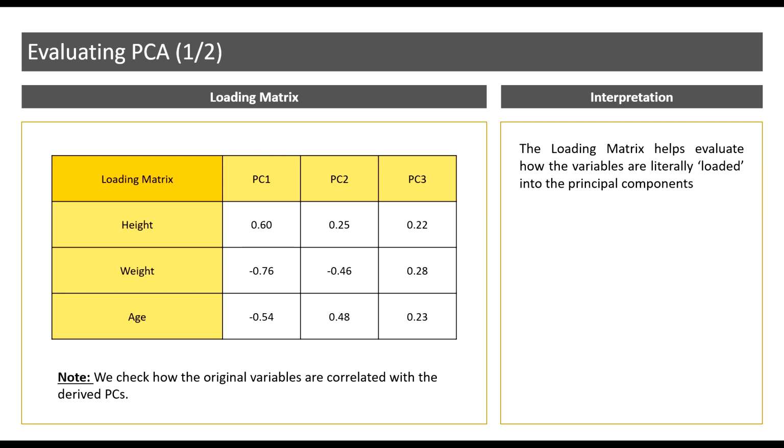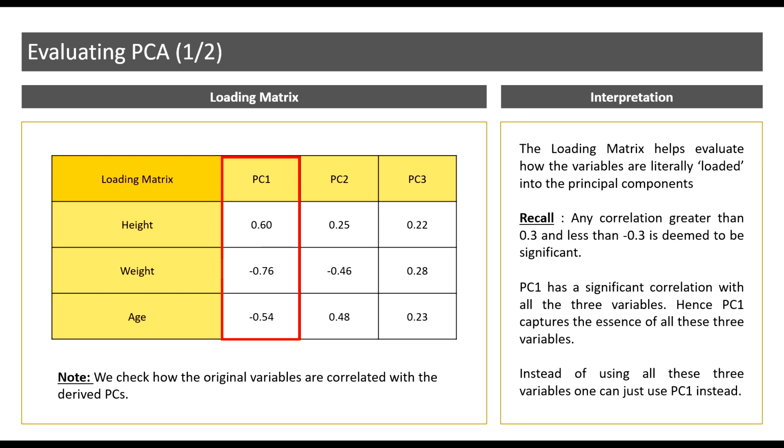In this loading matrix, we can check how the original variables, that is height, weight, and age, are correlated with the new variables, that is the principal components PC1, PC2, and PC3. Again, if you can recall that any correlation that is greater than 0.3 and less than minus 0.3 is deemed to be significant.